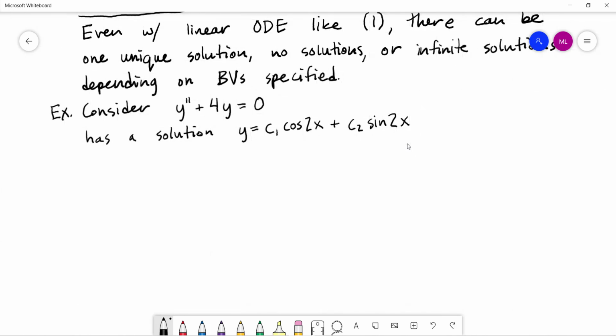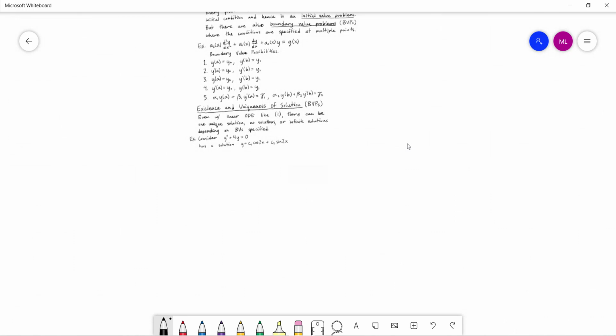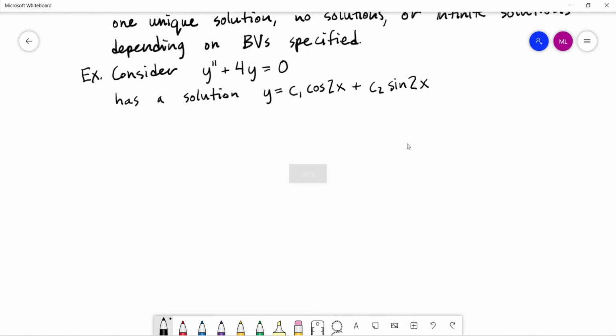So consider the following boundary values that we could use. The boundary conditions, also sometimes referred to as the boundary values, are the following.